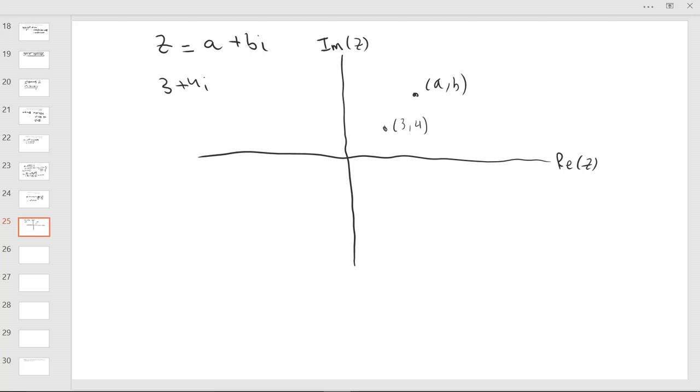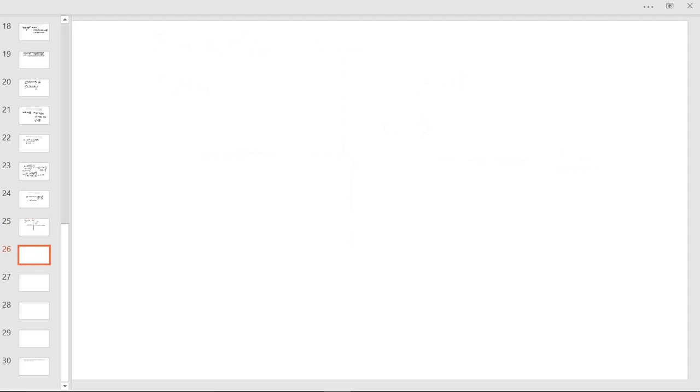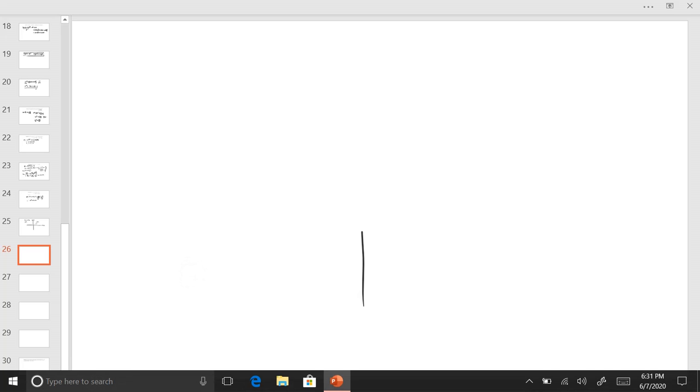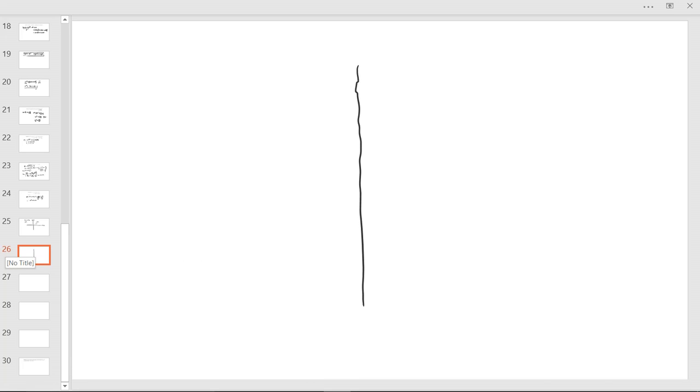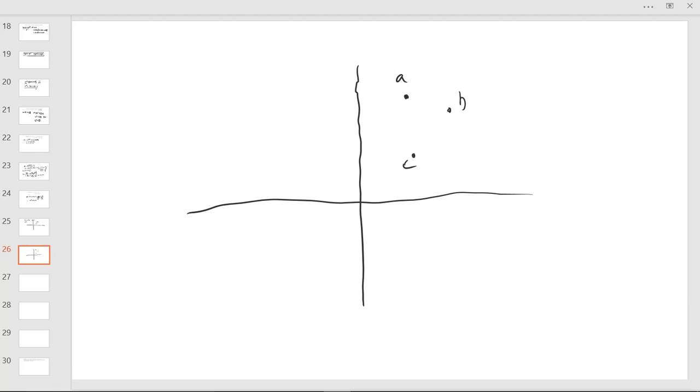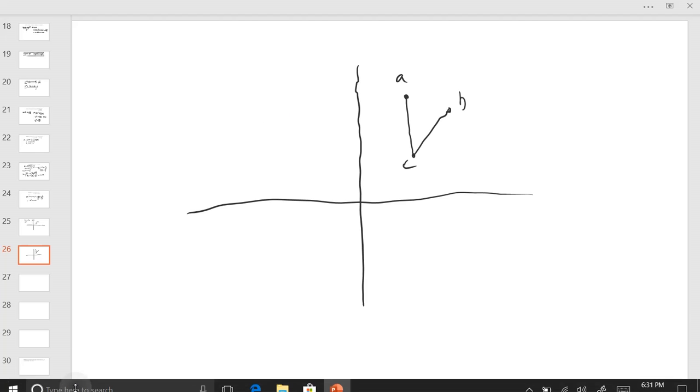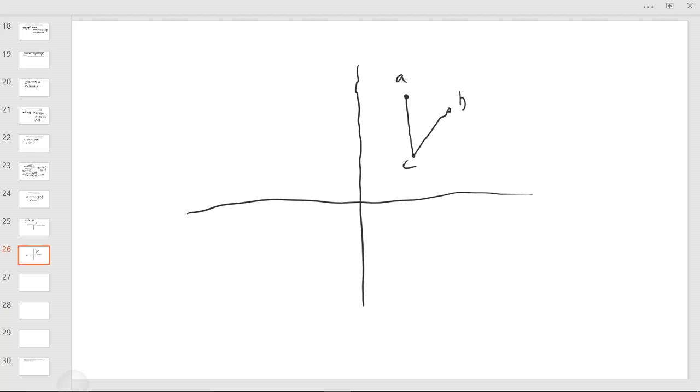Now, there are some important geometric quantities we can find given 3 points in the complex plane. For example, if we have 3 points A, B, and C, we can find the angle between A and B with respect to C by first shifting these points by C so that C is translated to the origin.